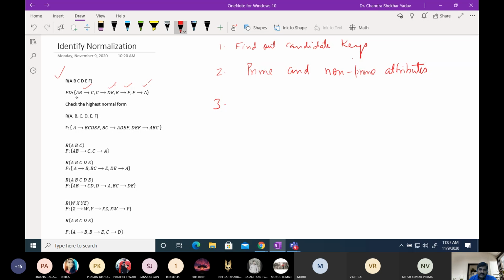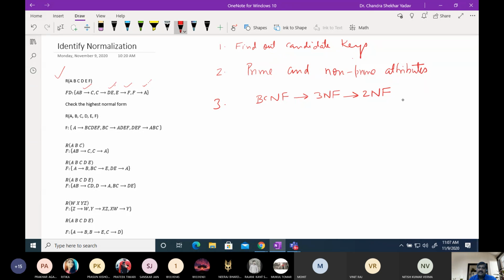First we check the constraints of BCNF. If that relation is not in BCNF, then we will check the constraints of third normal form. And if that relation is not in third normal form, then we will check the constraints of second normal form. And if the constraints of second normal form are not satisfied, then automatically that relation is in first normal form.